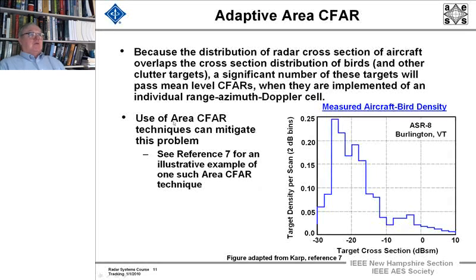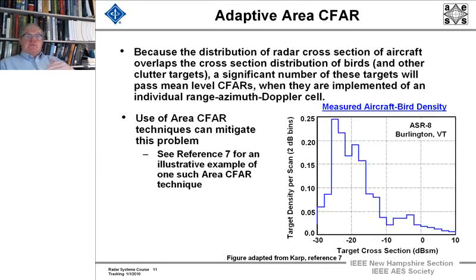And area CFAR techniques were looked into to mitigate this problem on the second generation MTD. And I say that because there have been several different major efforts culminating in the specification of the ASR 9, which is in place today, as what the FAA calls its gold standard in airport surveillance radar technology.